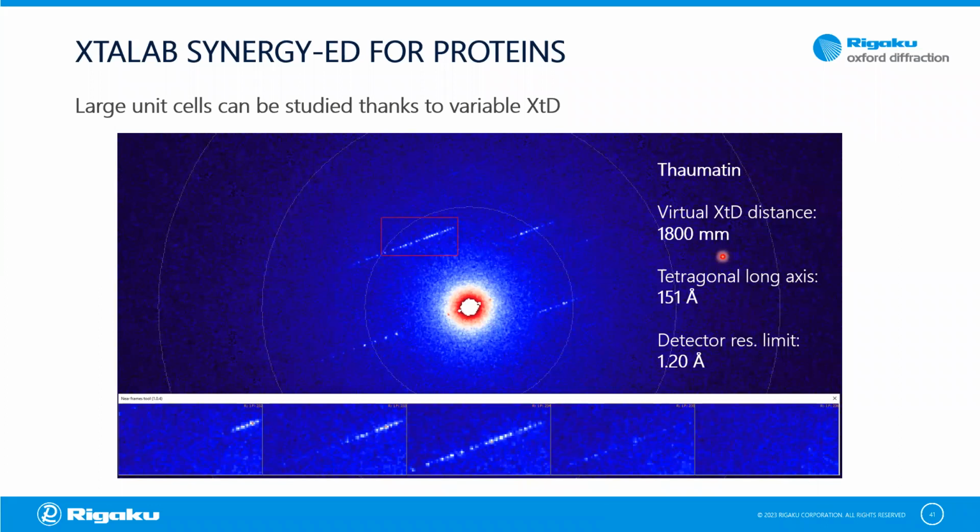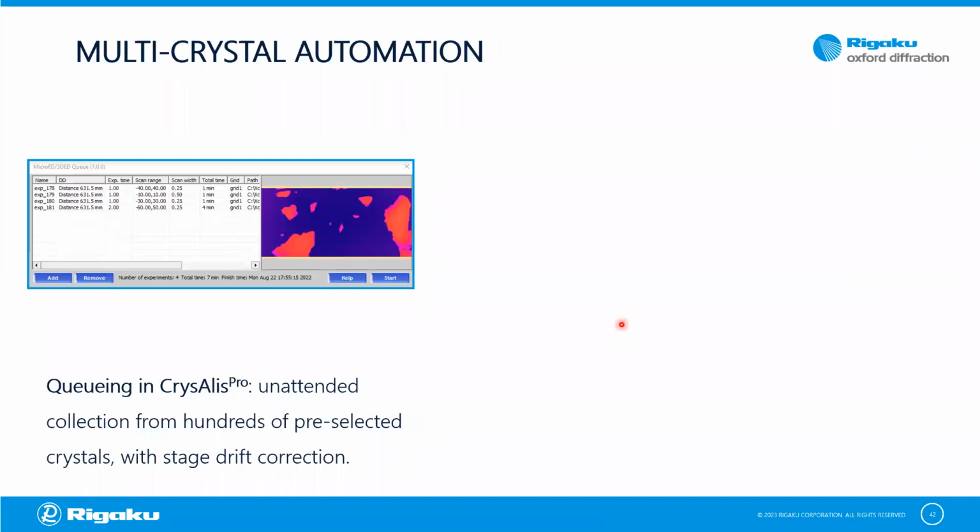We can even go higher, up to 3 meters, I think, and separate the spots even along this long axis nicely enough that with the very good integration techniques implemented in CrysAlisPro, we can get really good intensities from those spots while keeping a detector resolution limit of 1.2 angstrom along this long axis of our detector, which has a pretty large area.